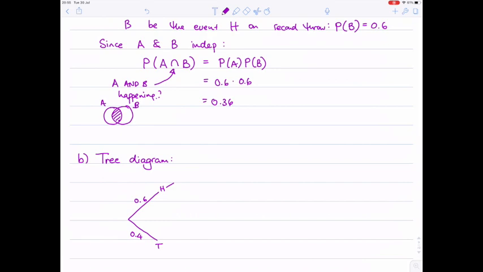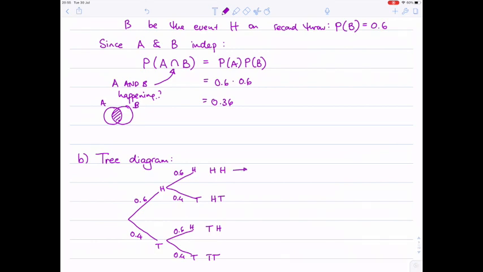And then we throw again, and again 0.6 for coming up with heads, 0.4 for tails, 0.6 for heads, 0.4 for tails. And so if we look, we can fill in our final outcomes. Following along the top branches gives us heads, heads. Next branch is heads, tails, tails, heads, and tails, tails.